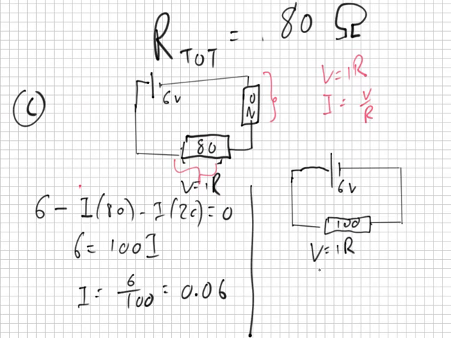So 6 equals I times 100. So then I equals 6 over 100 equals 0.06. So we get the same answer both ways, and both are fine. So this is using Ohm's law, but you have to write it as one resistor, and then this is using Kirchhoff's first rule, the loop rule, which I know you missed that class, Habib, Kirchhoff's rules.